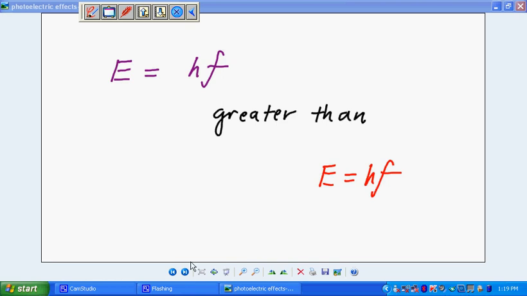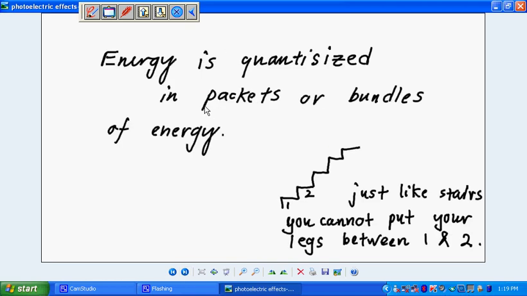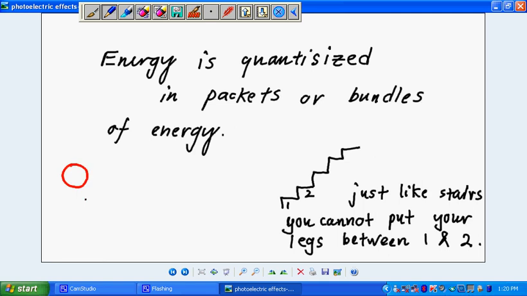Energy is quantized in packets or bundles of energy. So like we said just now, it is in bundles of photons. All the energy is in a discrete amount. When we say discrete, it has something to do with a definite amount. Just like when we walk up the stairs, we can only walk step 1, step 2. We don't walk 1.7 steps.